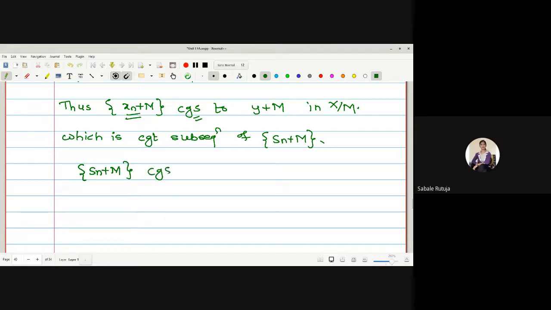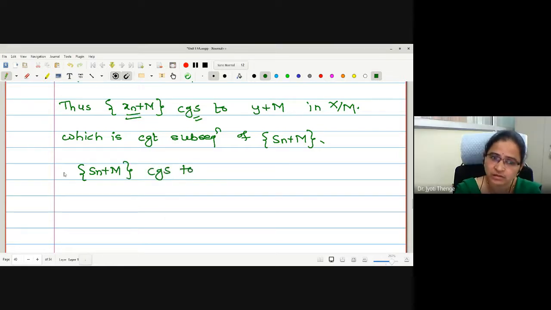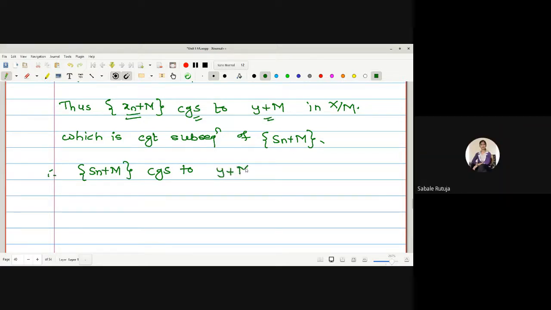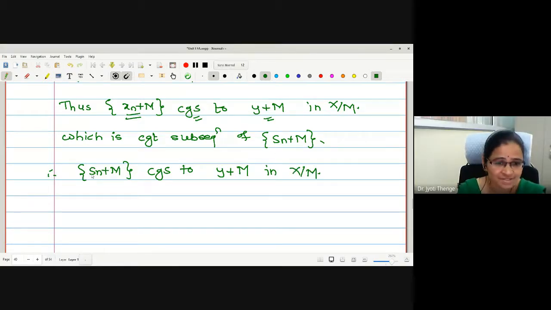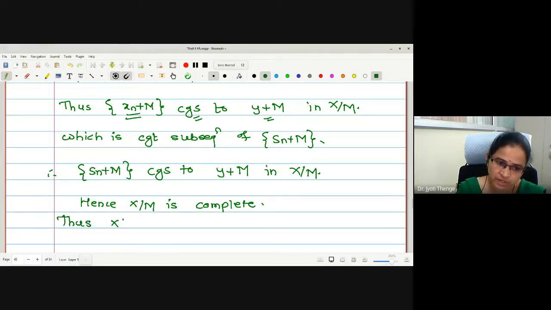Convergent. Converges to which element? The same element, no? Yes, ma'am. Thus, this is the Cauchy sequence we started with, and we have proved it is convergent. Hence, X by M is complete. Complete we have proved, and normed linear space it is already. Thus, X by M with this norm 1 is a Banach space.